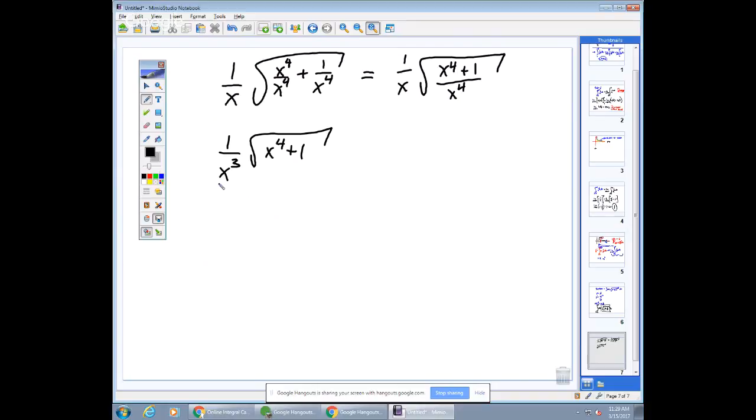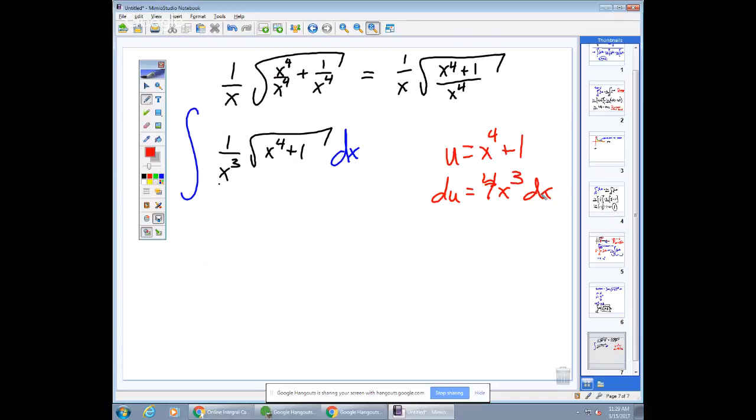All right. So we're going to consider just this integral for now. And I'm going to do a u substitution where u is equal to x to the fourth plus 1. So then du is equal, I don't know if this is going to help, to 4x cubed dx.